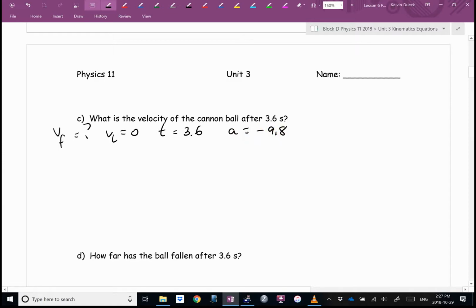Oh, same equation as we just did. VF equals AT. What happened to the VI, Logan? What's VI equal to? Zero. Dropped. Okay? Yeah. So I get, again, a special sub-equation. VF equals AT. It's going to be negative 9.8 times 3.6.